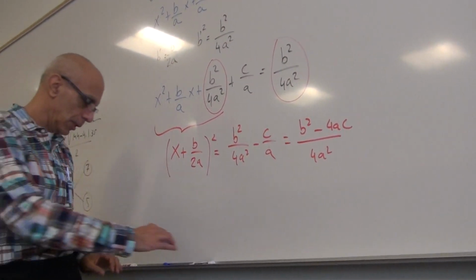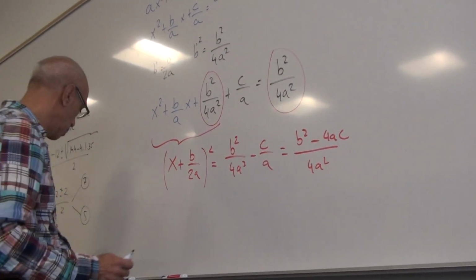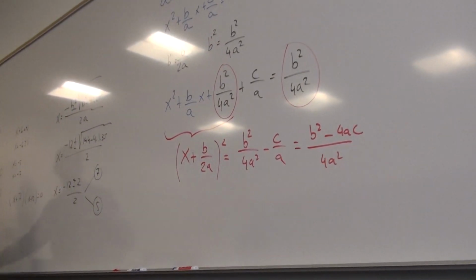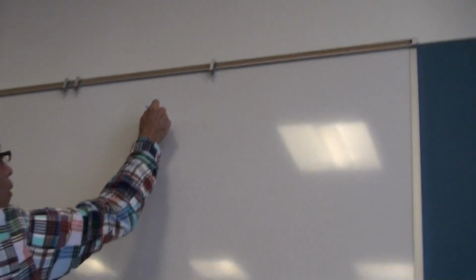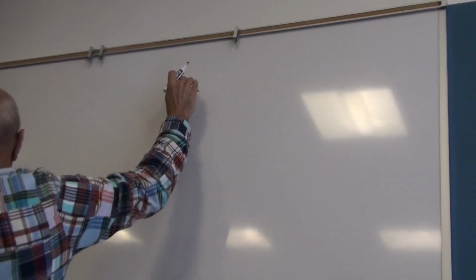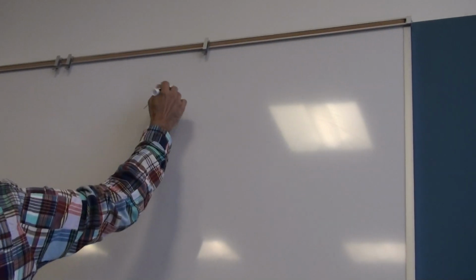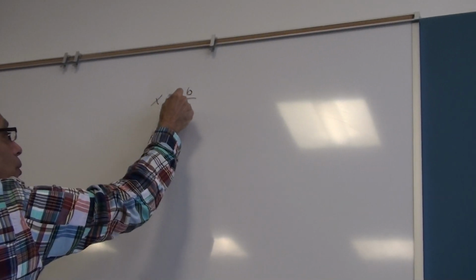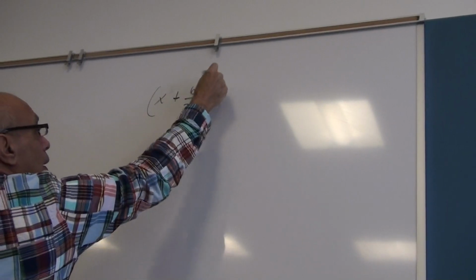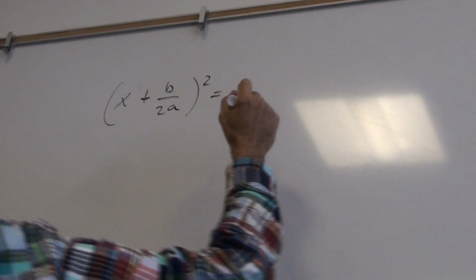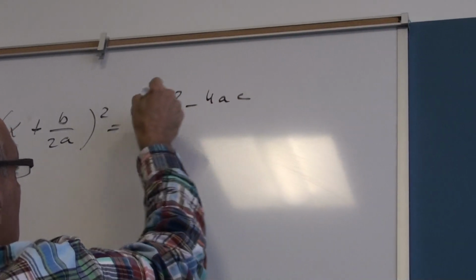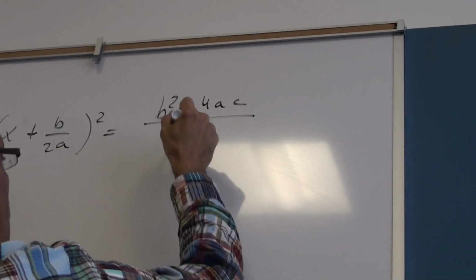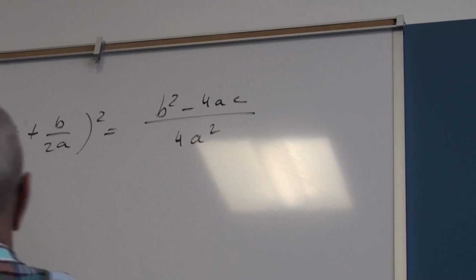Okay? So let's now write this here. I have now, not x squared, just x plus b over 2a, squared, equals this guy, b squared minus 4ac divided by 4a squared.